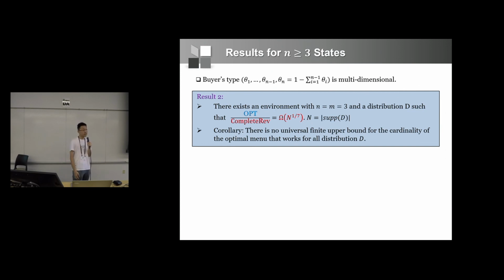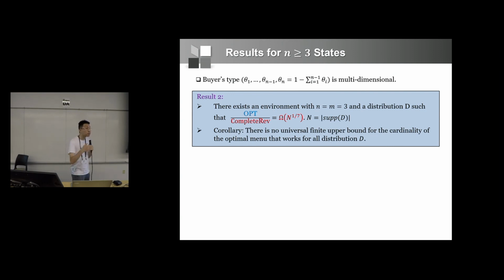In other words, there is no universal finite upper bound for this gap that works for all distributions. This is different from what we prove in the binary states, because in that case, if we fix an environment and a number of actions, this ratio is a finite value, no matter what distribution you consider.